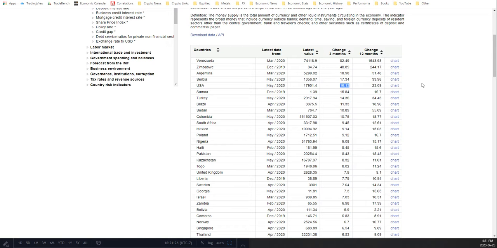So there's a lot of companies and countries who are indebted in US dollars because they need to transact on a global stage, and in order to do that they need US dollars, so they're going to borrow in US dollars. So there's a lot of demand in terms of the debt around the world that needs to be paid back in US dollars, and this could create more deflation because if there's more demand for the US dollar, people are going to be buying it, and that is obviously good for the dollar. So we'll see how it goes.